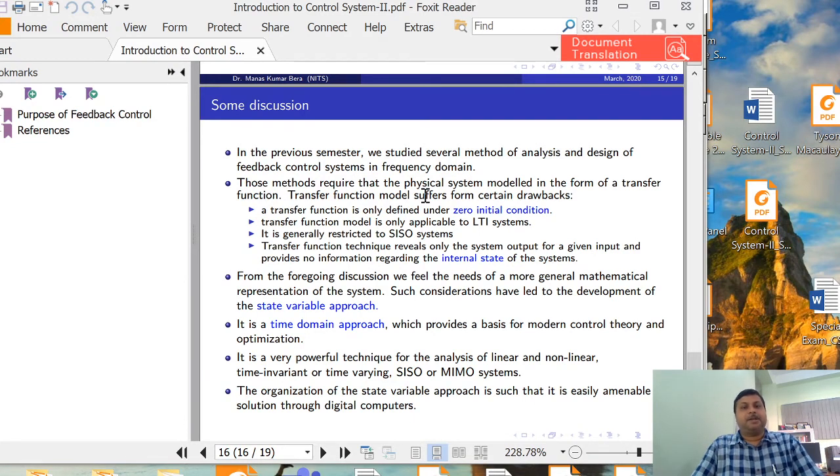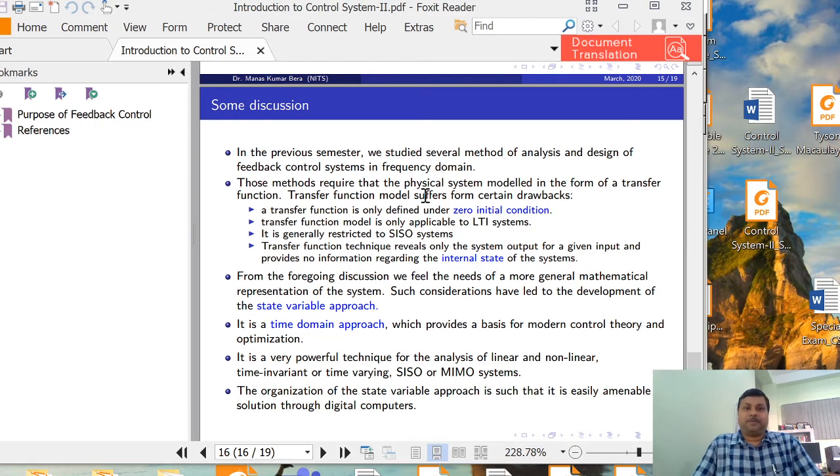We have discussed several properties of a dynamical system, like linearity and time invariance. Then we discussed some drawbacks of transfer function modeling. What are the drawbacks?